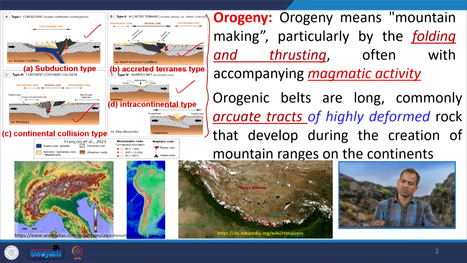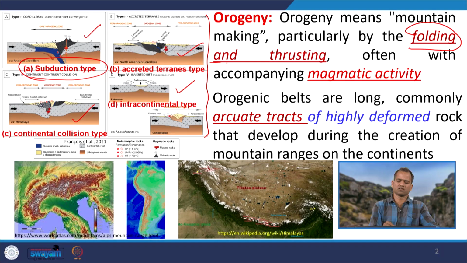In this class we will talk about the different processes involved in this subduction type of plate boundary, and how the plate's interior geometry, its rheology, its strength, and its pre-tectonic history are responsible for the development of the mountain at this plate boundary.